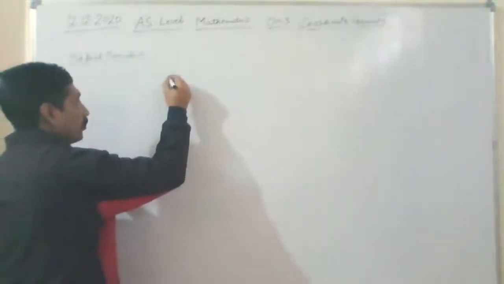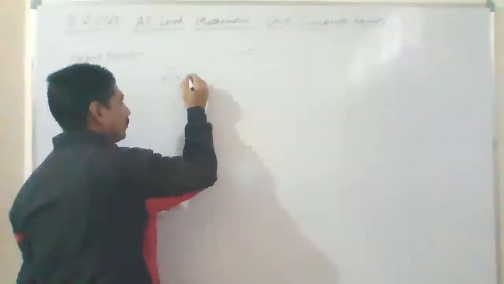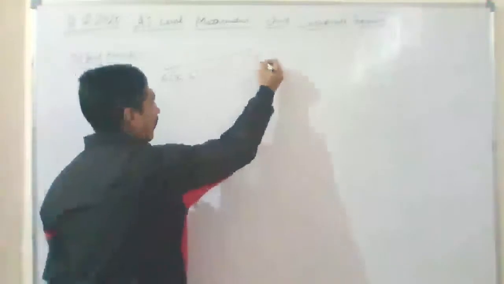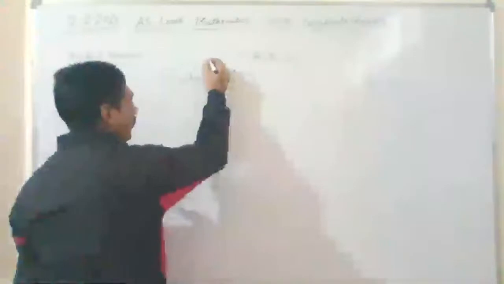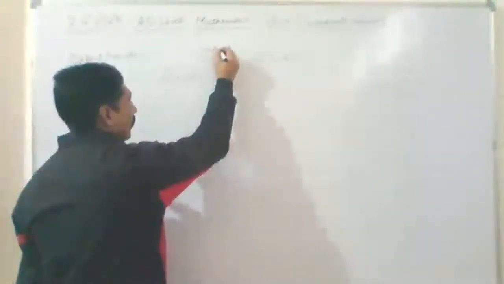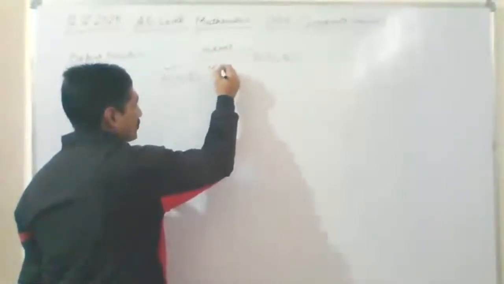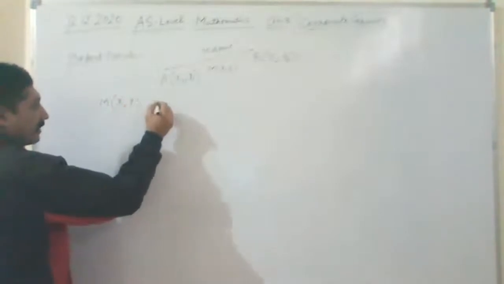If we have 2 points, one point is A x1 y1, and B coordinates, then the midpoint M, the coordinates of midpoint X and Y are, right, the coordinates of midpoint M, X, Y.